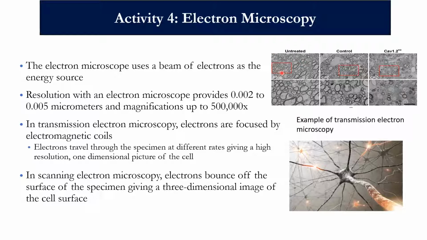In scanning electron microscopy, electrons bounce off of the surface of a specimen, giving a three-dimensional image of the cell surface. So this is transmission electron microscopy, and this is scanning electron microscopy. It really depends what tool you're using. In the laboratory I worked in, we only had access to transmission electron microscopy, so that's why you see these one-dimensional photos versus a three-dimensional image.